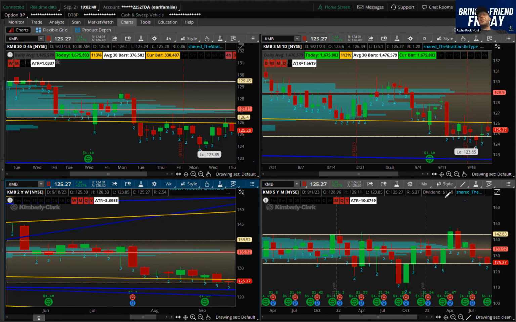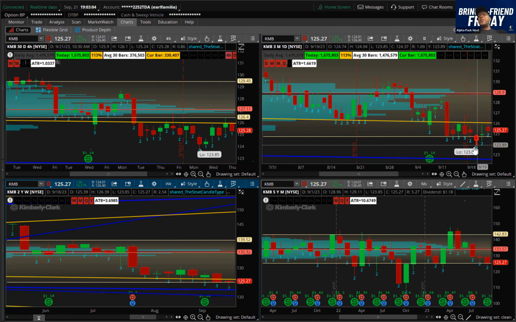But it's almost like it's setting you up. You've got 2-1, 2-1, and then a shooter on the day. Maybe today, because we hit the broadening formation, this gives us the rejection down. So now I'm flipping the inverse of my thought.